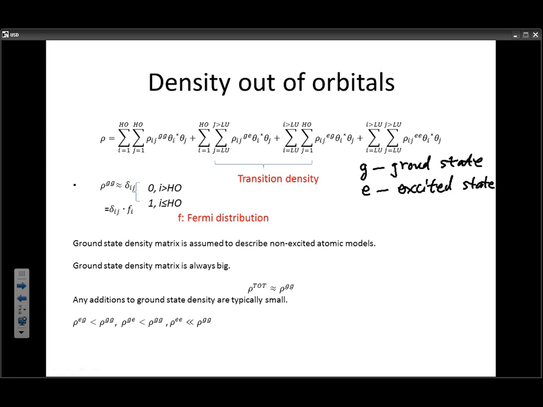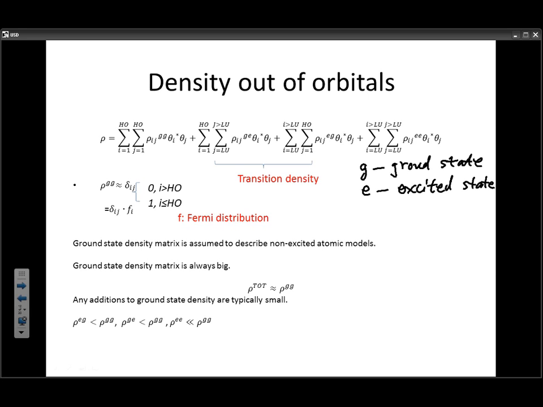And the third component is the density for the excited state to ground state transition. These two terms correspond to transition density. And the fourth component is the excited population density.